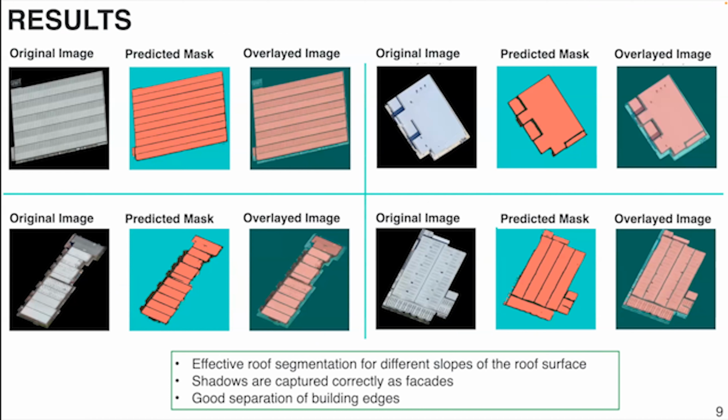So we have effective roof segmentation of different slopes, as you can see in the top left picture, where different slopes with different angles are captured really well. We also captured shadows quite well on the roofs, which is always a problem in satellite images, depending on where the sun is standing, and which was also a problem in the initial experiments.